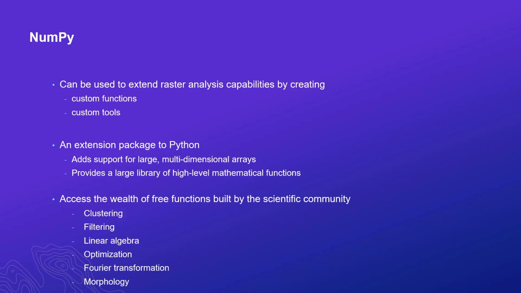You probably know about it, but let me just recap quickly. It supports large multidimensional arrays, and it has lots of great functionality, mathematical functions. You can do clustering, filtering, linear algebra, optimization, Fourier transformation, and some morphologic operations. So the library has a very rich collection of analytical functions which you can use with NumPy.